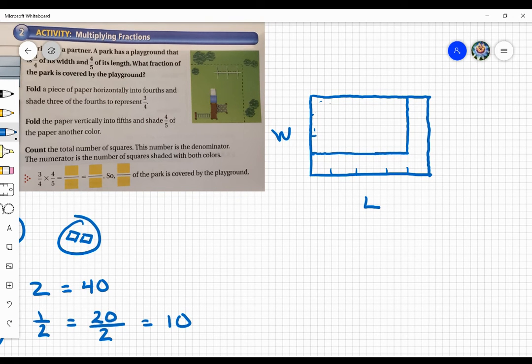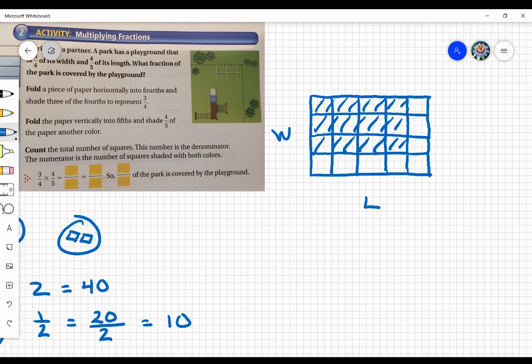But what fraction? Well, since we have these divided up here into fourths and fifths, if I were to just continue these out, and we know that this part is the park. And then I'll just continue these lines this way. Now is it easier to tell what fraction of the park is covered by the playground?